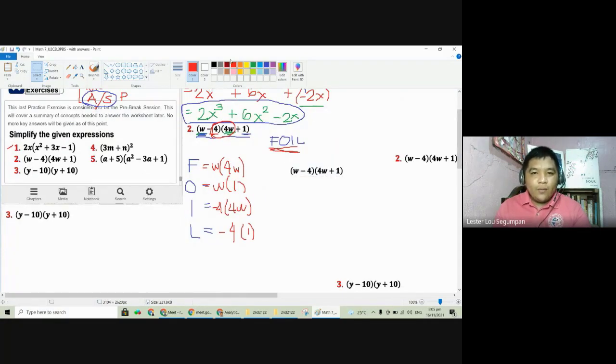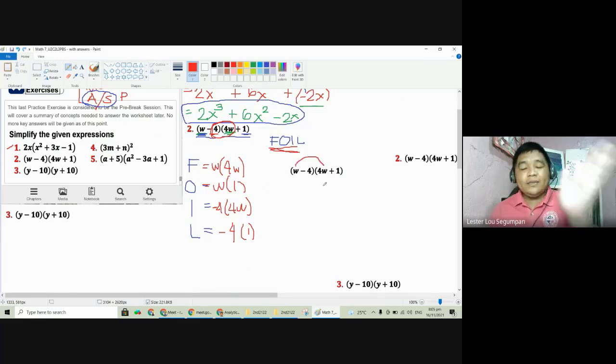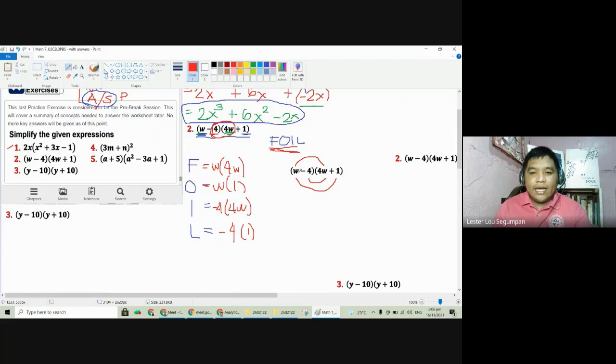Looking at this, when I talk about first, first term times first term, let me write it, sorry, multiplying that. So you're just basically distributing the first term. And then for the outer terms, you're also distributing this to the term here. Now, for the second term, inner, we're distributing this one here. And for the last terms, you're also distributing that one.